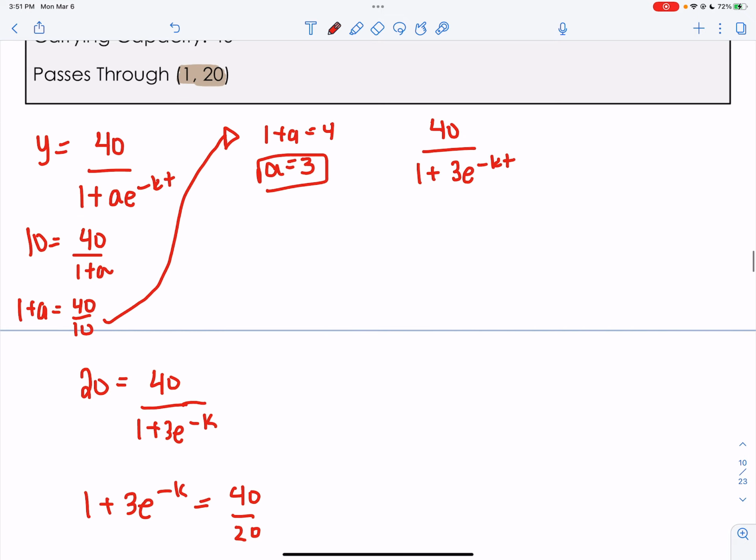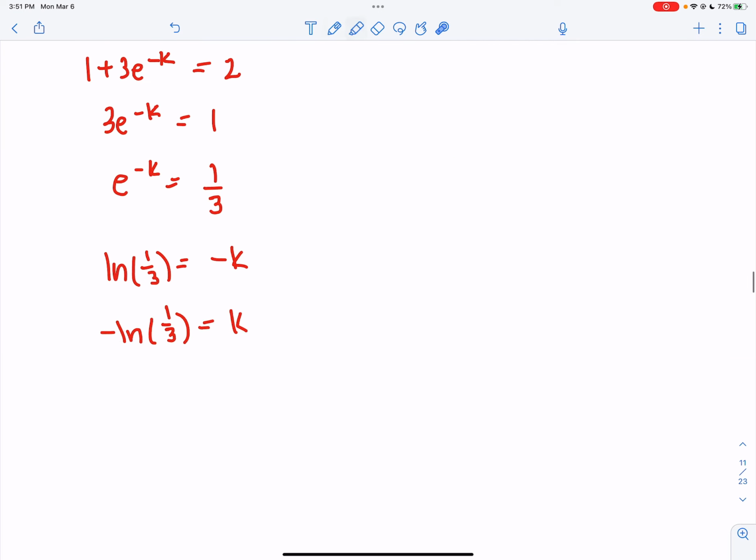I accidentally wrote K, but K is essentially the same thing as B. Sorry, guys. So you know that your K value slash your B value is negative ln of 1/3.